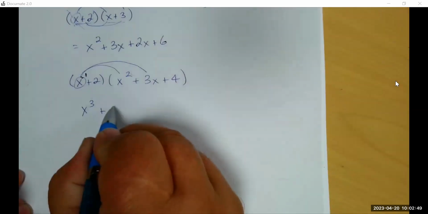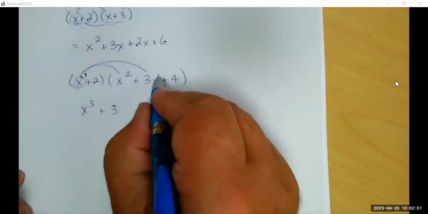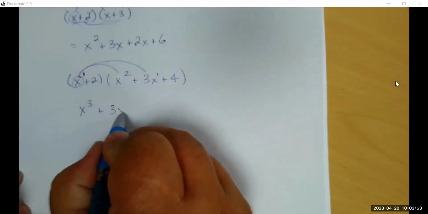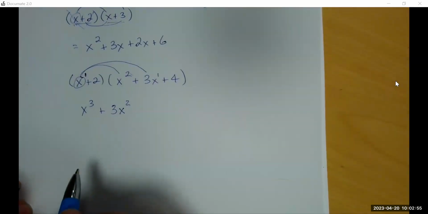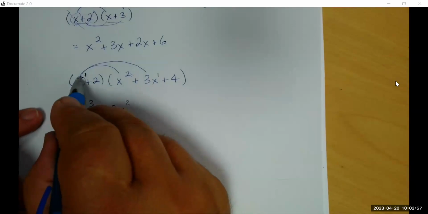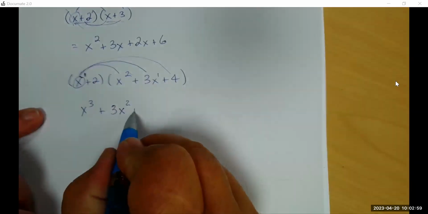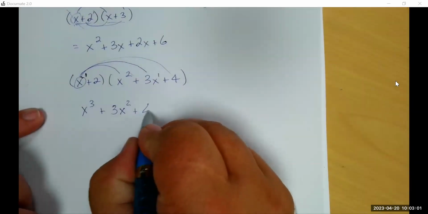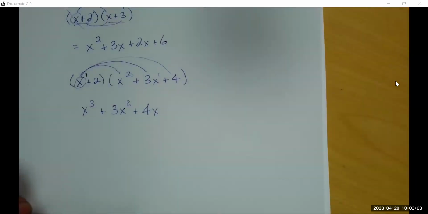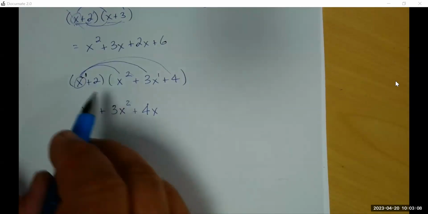X times 3x, 1 plus 1 is x to the power 2. X times 4 is 4x. So that's all three of them for the first one, so it's finished.